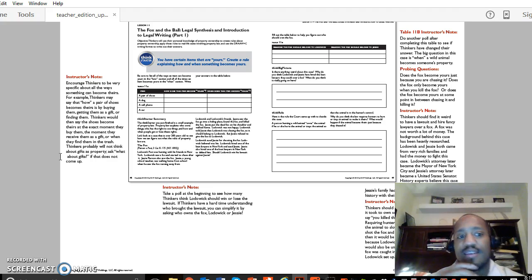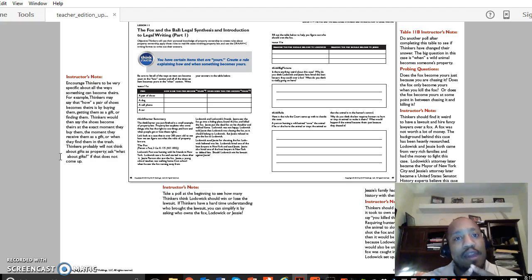For instance, you might talk about a pair of shoes. A pair of shoes becomes yours when you buy it. And when does it become yours? At the actual moment you buy it. Well, what if someone else buys it and gives it to you as a gift? When does it become yours at that point? Now there's a gap between the point where it becomes purchased and the point where it actually becomes yours.